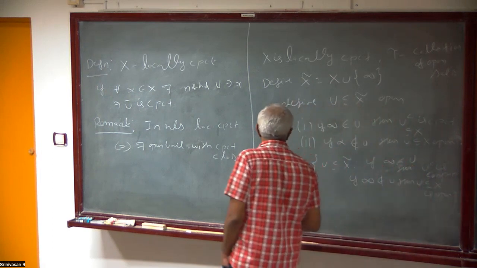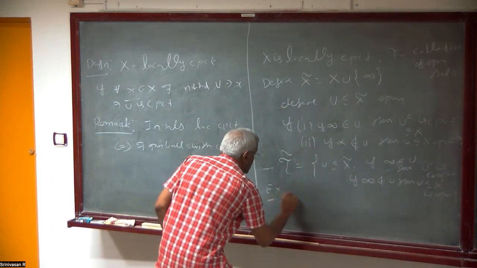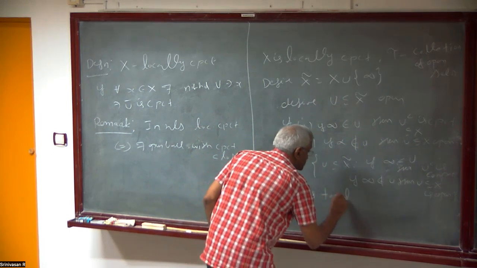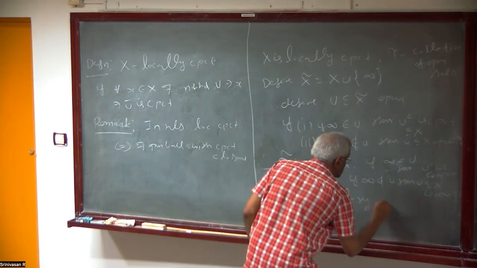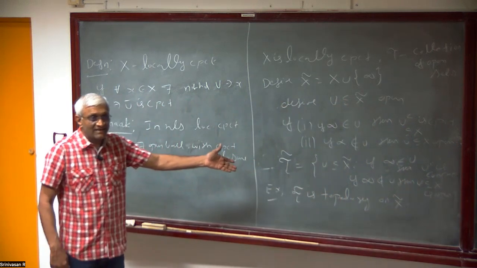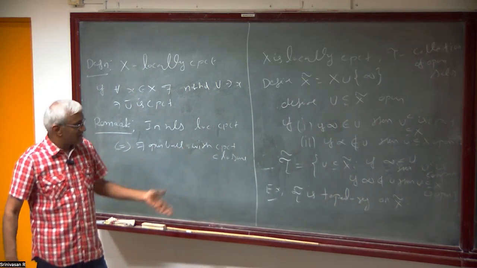So this is tau tilde. Then the exercise is that tau tilde is a topology on X tilde.